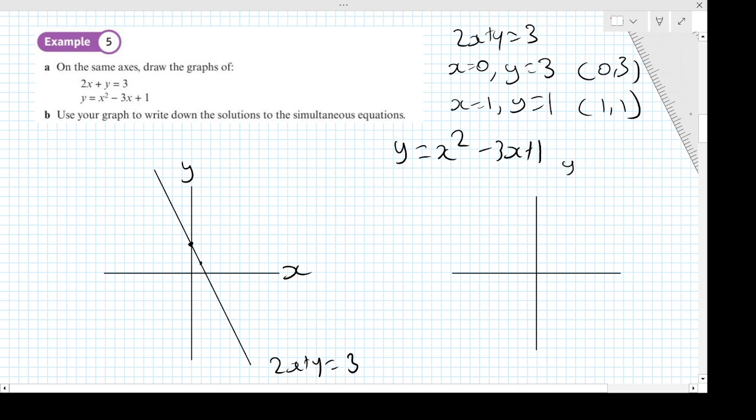So the y-intercept would be 0, 1, right? With y is 1. So that would be here. So we know our quadratic has to pass through there. And the turning point might help as well. For the turning point, we can complete the square, remember? So x minus a half of 3, minus 3 over 2, all squared.